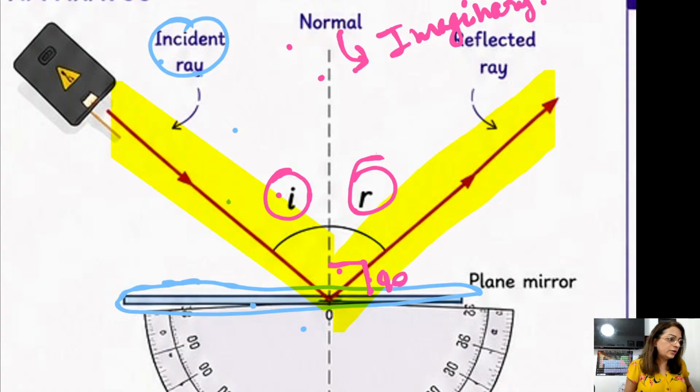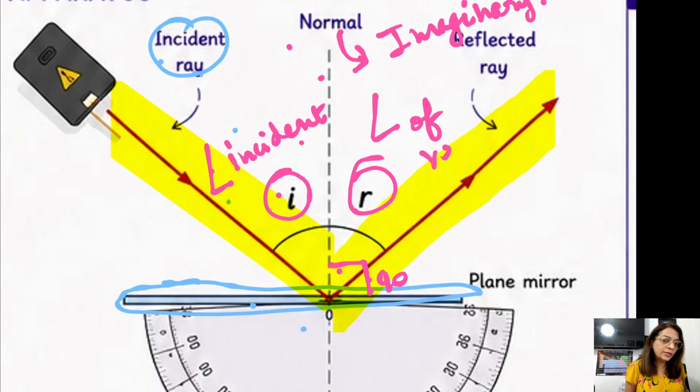Not refracted, Grace. It is reflected. This is reflection. So this is your angle of incidence, and this is the angle of reflection.